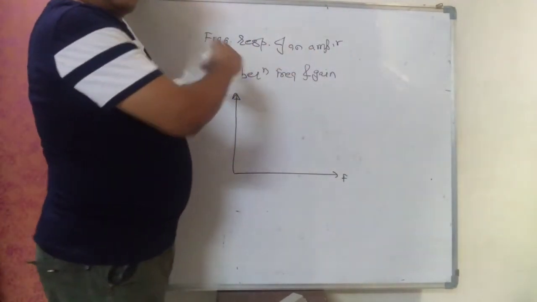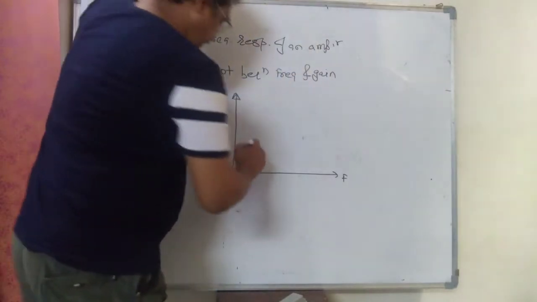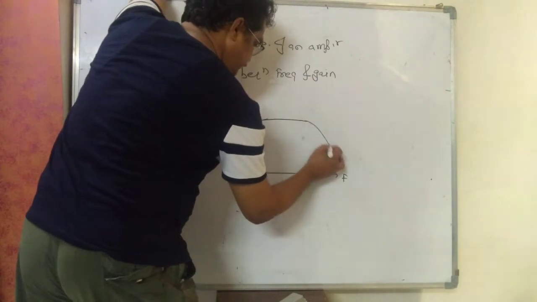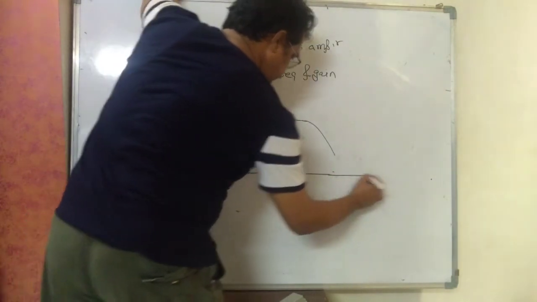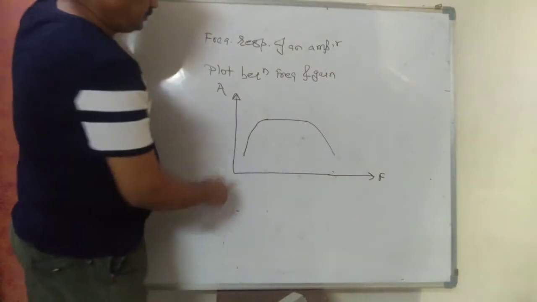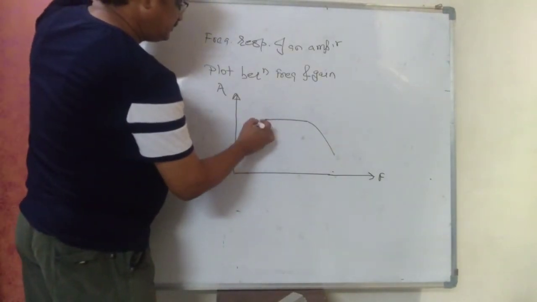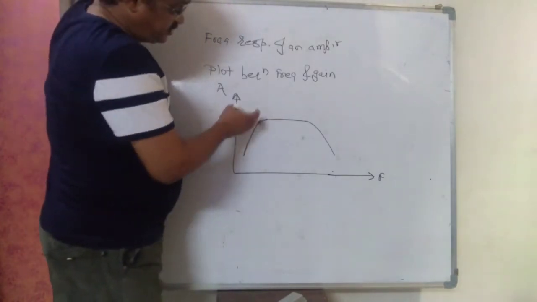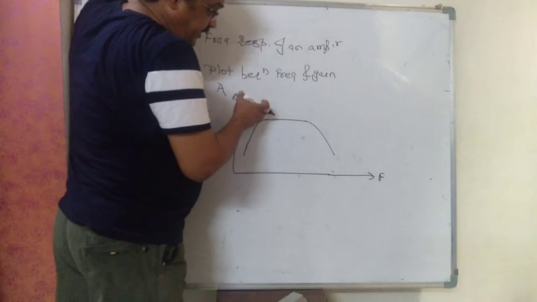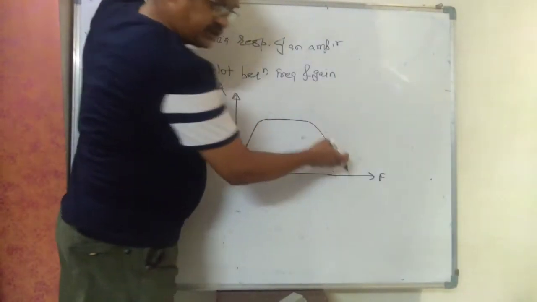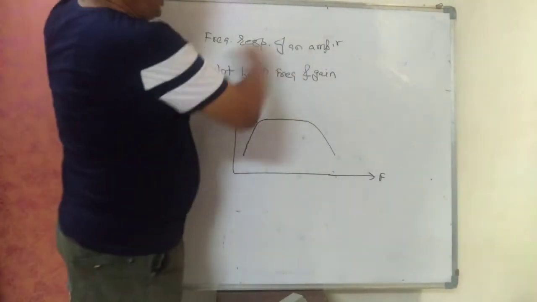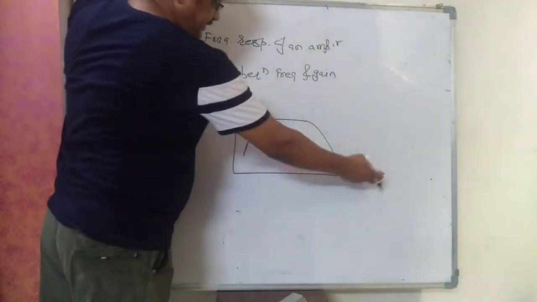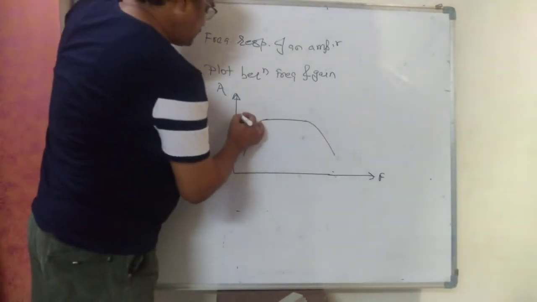The nature of the graph of an amplifier is like this: exponentially increasing, this is not a straight line, then constant, then exponentially decreasing. So this is the nature of frequency response of amplifier, which is a graph between frequency on x-axis and gain on y-axis. So this is maximum gain.